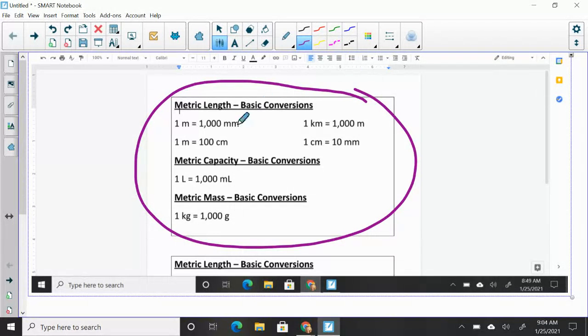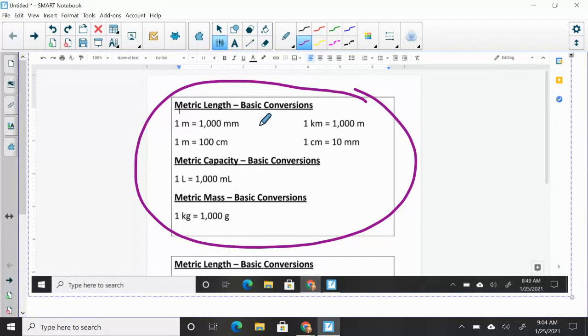So those three base units are used over and over again. So for example, metric length, if meters is your base unit, you can have hectometers, you can have kilometers, you can have centimeters, millimeters, and they all have that base word meters. That means that you're talking about length.